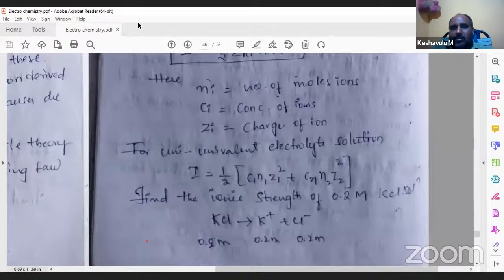Some other Debye-Hückel equations we will discuss in the next class.